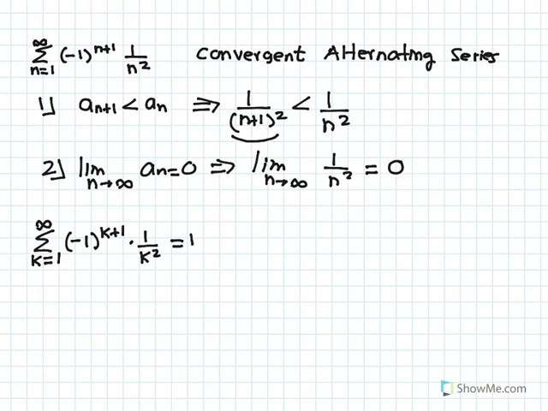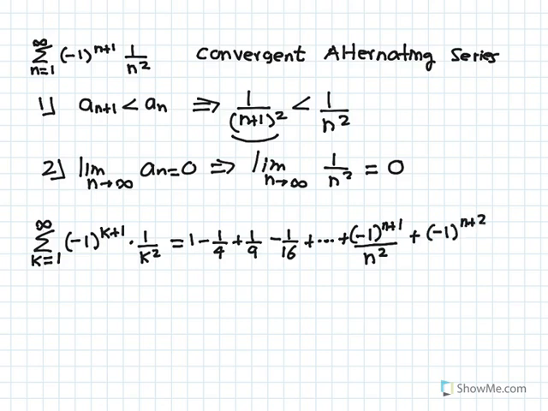This is equal to 1 minus 1/4 plus 1/9 minus 1/16. Now let's put the nth term in, and the nth term of this series is (-1)^(n+1) divided by n squared. And now let's put the (n+1)th term, which is (-1)^(n+2) divided by (n+1) squared.